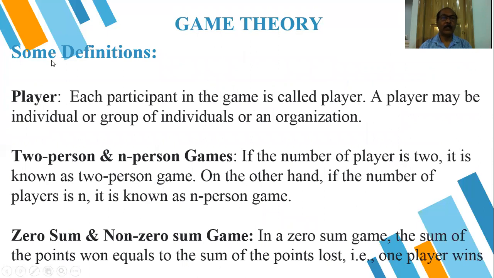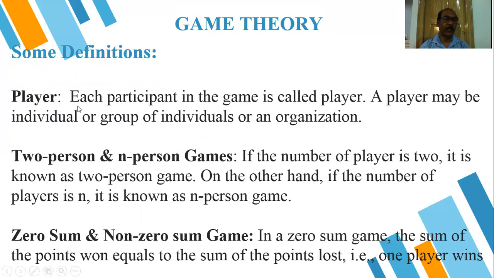Now there are some definitions related to game theory, the basic terminology you can say. Until we learn the definitions, we cannot move deep into game theory. Player: each participant in the game is called a player.